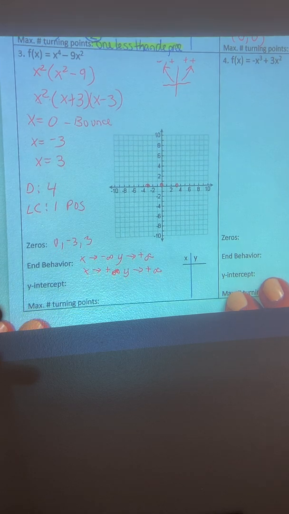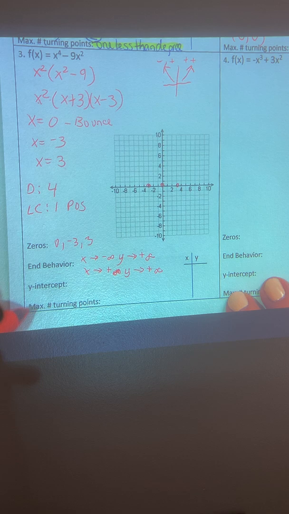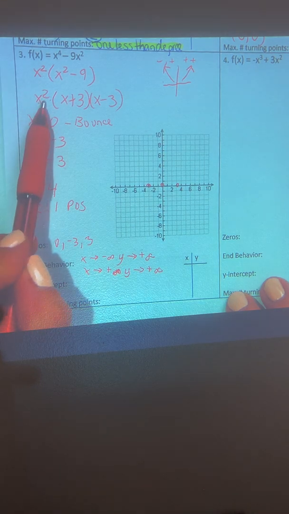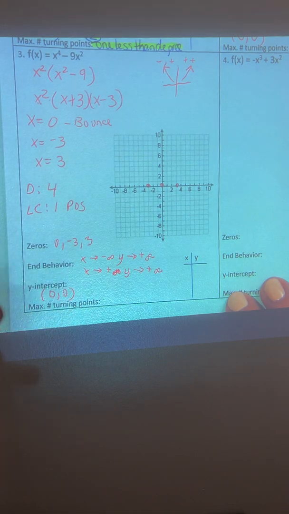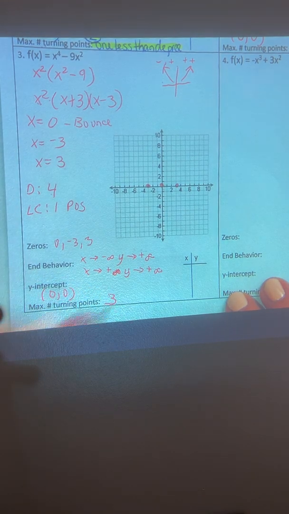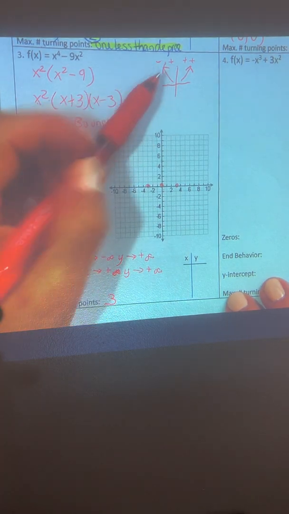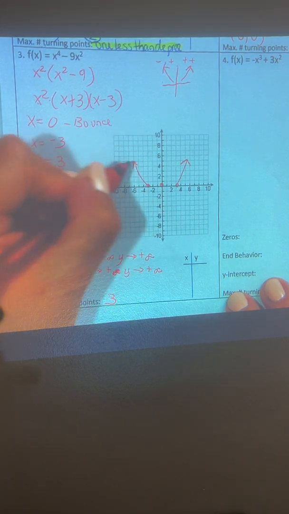Okay, my y-intercept. Let x be 0. 0 squared is 0 times 3 times -3, that's 0, 0, which is right there. Maximum number of turning points, 1 less than the degree. 4 minus 1 is 3. Okay, so now remember the end behavior is going to look like this.